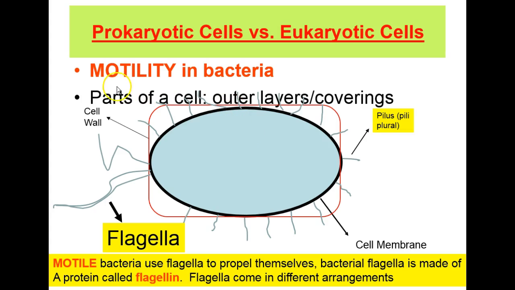Finally, some microorganisms are motile. In bacteria, motility is due to the presence of long protein filaments called flagella. The protein that makes flagella in bacteria is called flagellin. Flagella come in different arrangements.